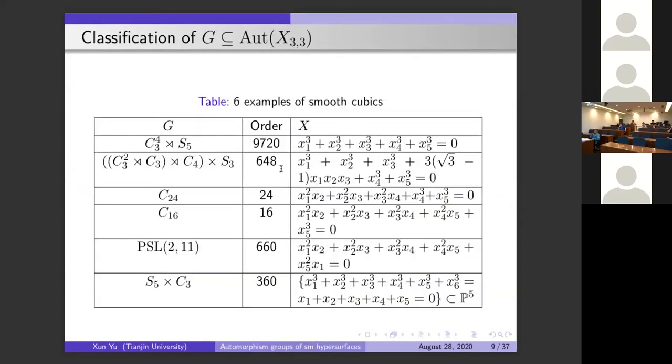Okay, so the explicit examples are also given, and some examples we find from the classical works. For the second one, we found the example in the literature, but added just 2 more variables, x4 and x5.